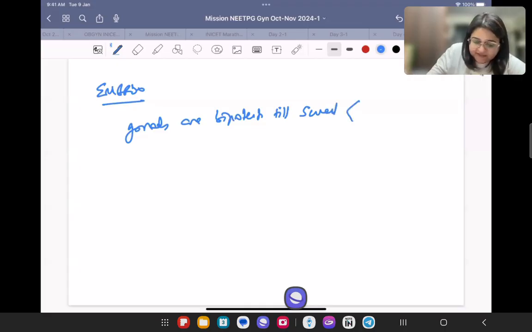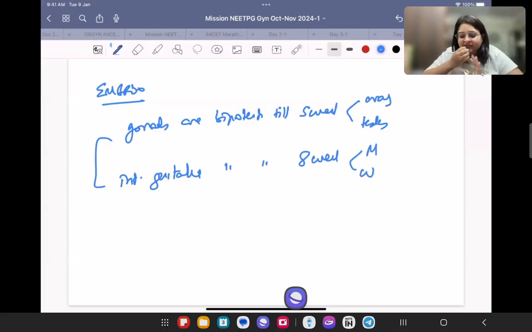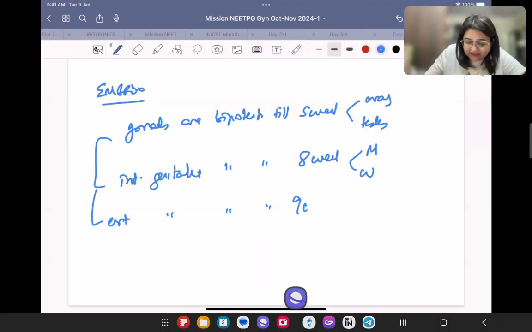At 5 weeks, the gonads either become the ovary or the testes. Also remember, the internal genitalia are bipotent till 8 weeks. That means both Mullerian duct and Wolffian duct coexist. And the external genitalia also are bipotent till 9 weeks.